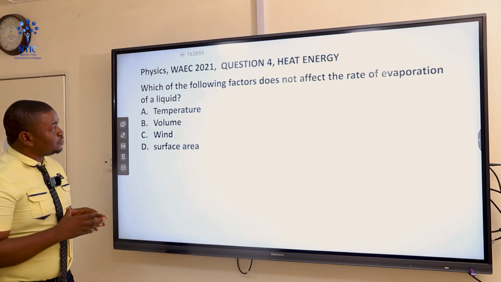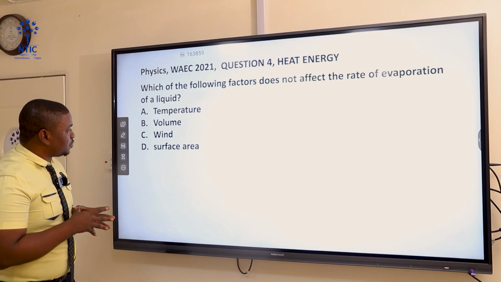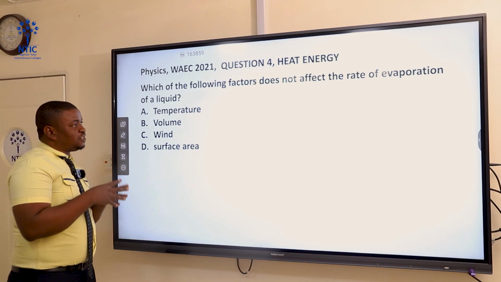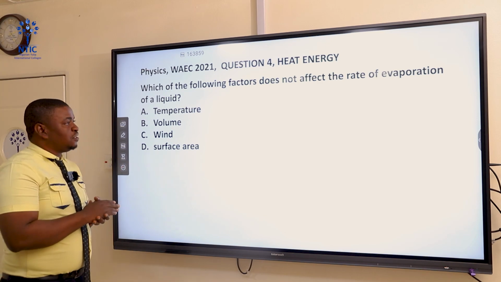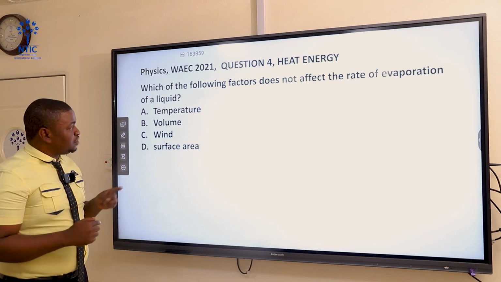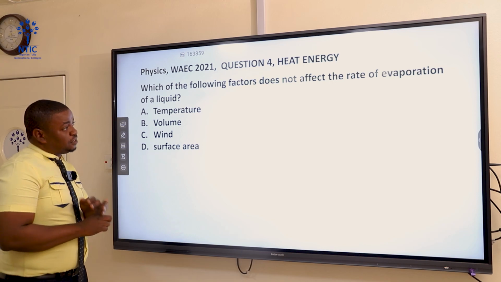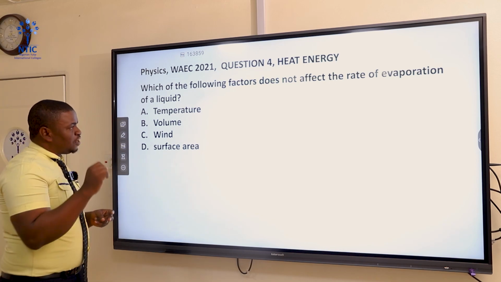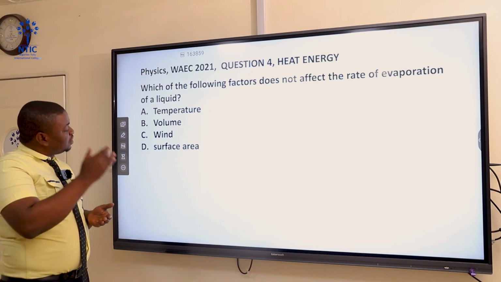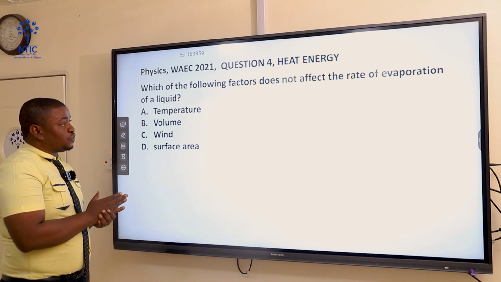Temperature. Now, the temperature of an environment or the temperature around a liquid affects the rate of evaporation. It means if the temperature increases, the rate of evaporation will increase. Now, if the temperature reduces, the rate of evaporation will also what?